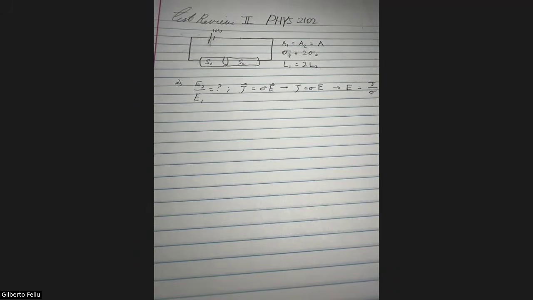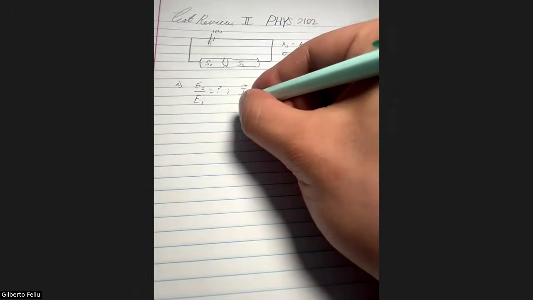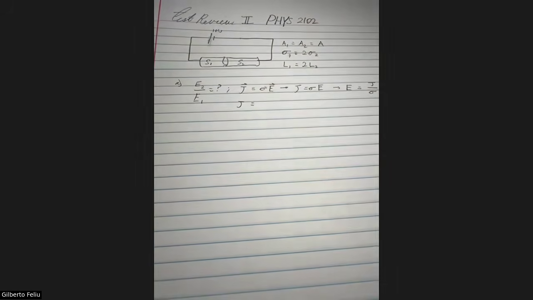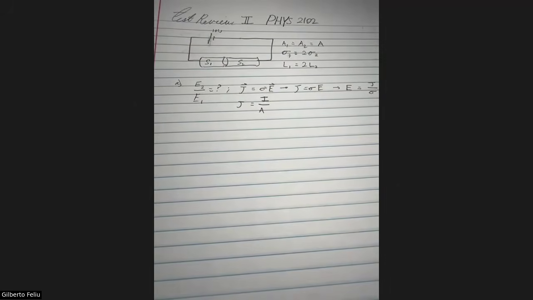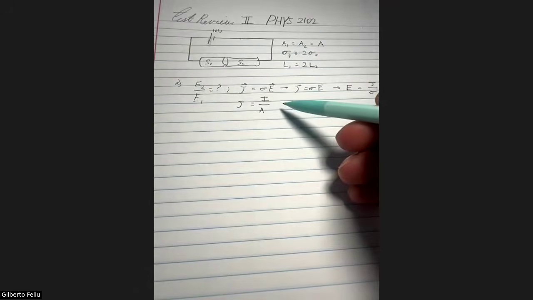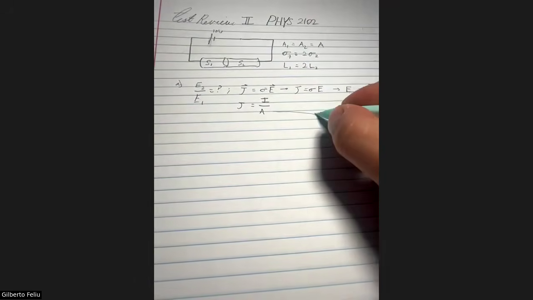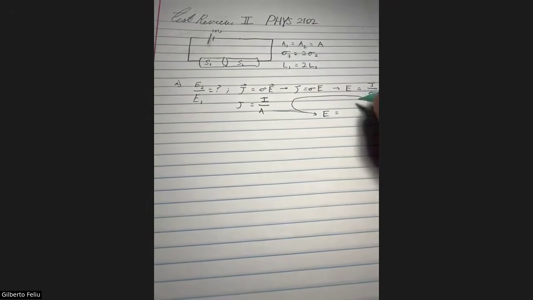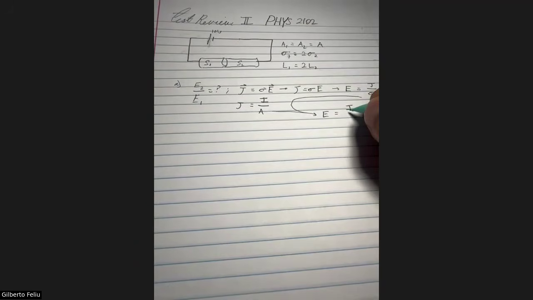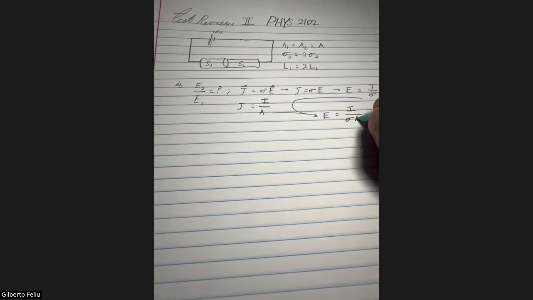But we also know, and this should be on the formula sheet, that current density, by definition, is equal to the current going through a wire divided by the wire's cross-sectional area. So we can combine these two equations. We can substitute this J for I over A and end up with E being equal to current divided by sigma times area.